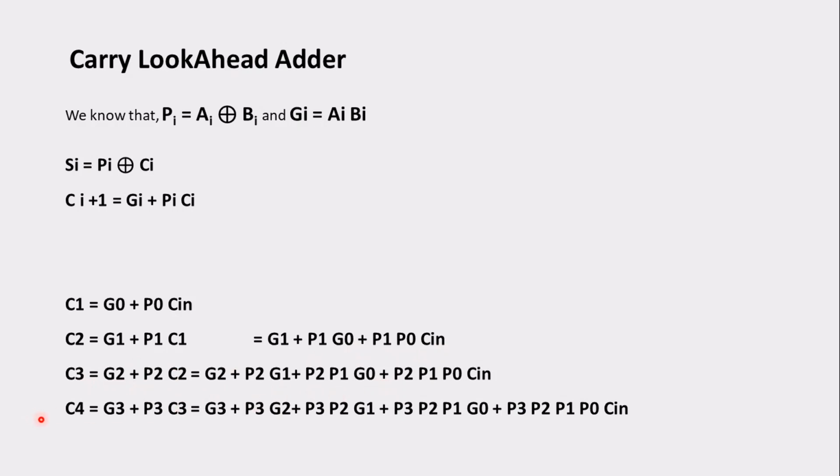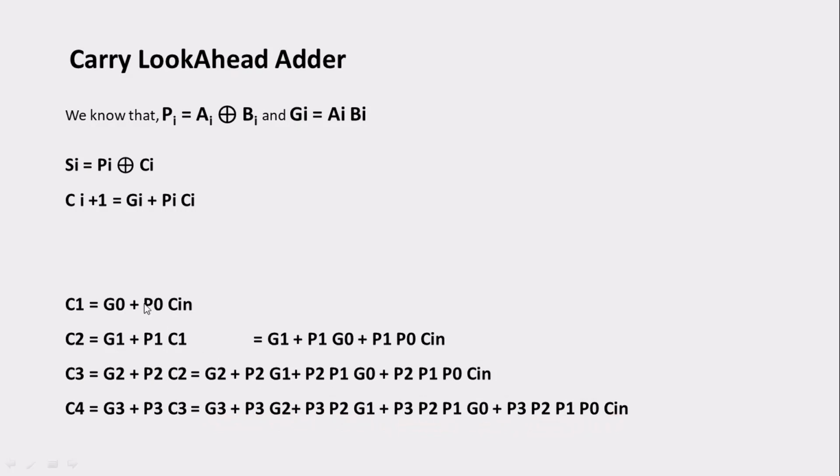For the final adder circuit, the carry out will be equal to G3 plus P3 into C3. Putting the value of C3 over here, I will end up with G3 plus P3 into G2 plus P3 P2 G1 plus P3 P2 P1 into G0 plus P3 P2 P1 P0 into C.